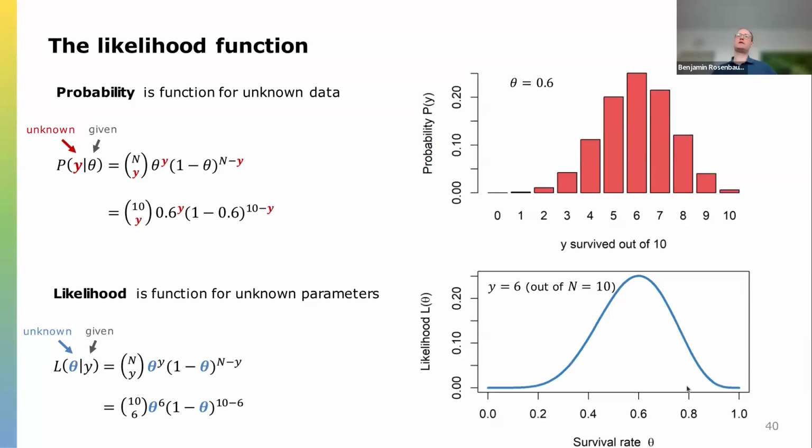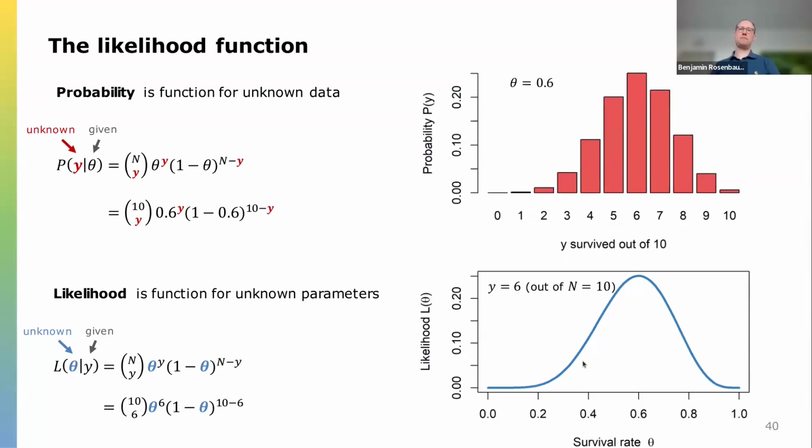So the likelihood function is some measure of the probability of the data we already observed for some parameter. So how likely would we have observed the data if the survival rate was, for instance, 0.4? Then we get some measure of how likely we would have observed the data if the true survival rate was 0.4.